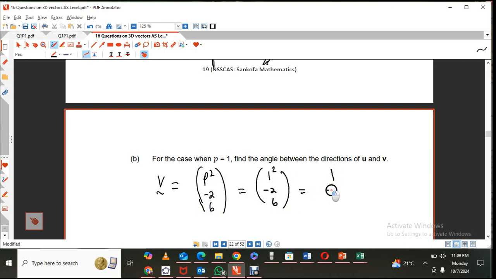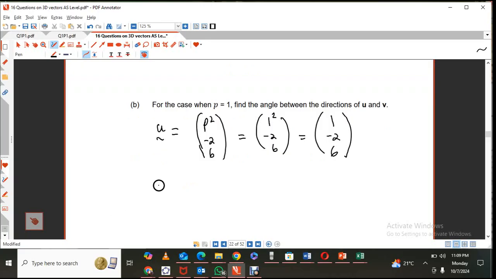So it's going to be 1, minus 2, 6. Alright, so that's what u becomes now. That was u, okay, not v. Now what is v then? Of course, v was initially, if you go back to v, it was 2, and then you had p minus 1, and then you had 2p plus 1.